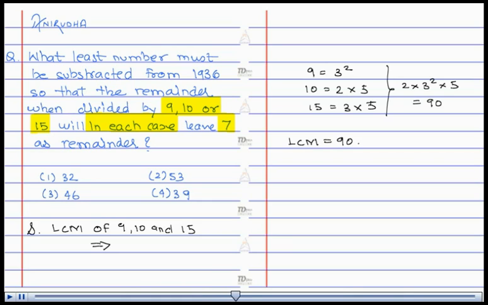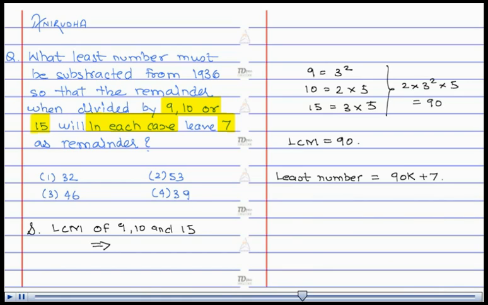As we need a remainder of 7 in each case, that least number must be of the form 90k plus 7, so that whether we divide by 9 or 10 or 15, it will always leave a remainder of 7.